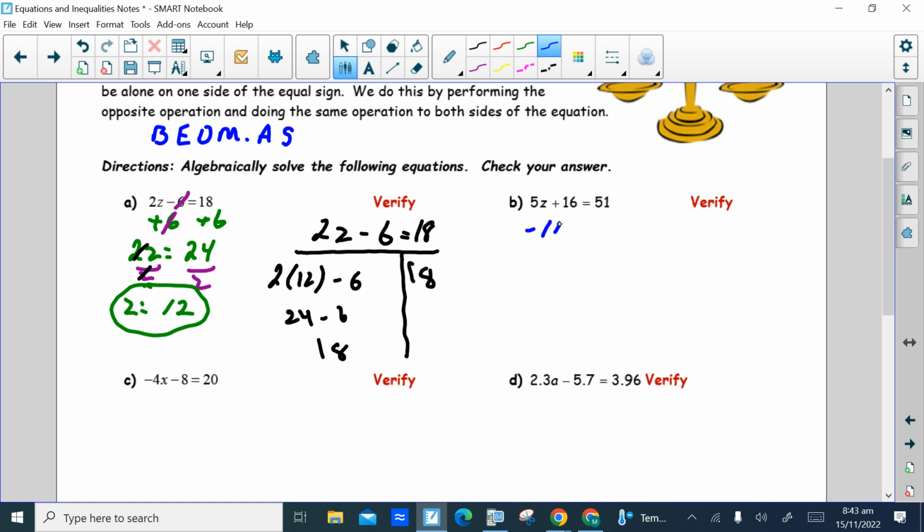Yes. To get rid of the plus 16 attached to the 5Z, the opposite of adding 16 is subtracting 16. So 16 minus 16 cancels on the left. You're left with 5Z for now, equals 51. Take away 16 is 35. Now what, Kiana?